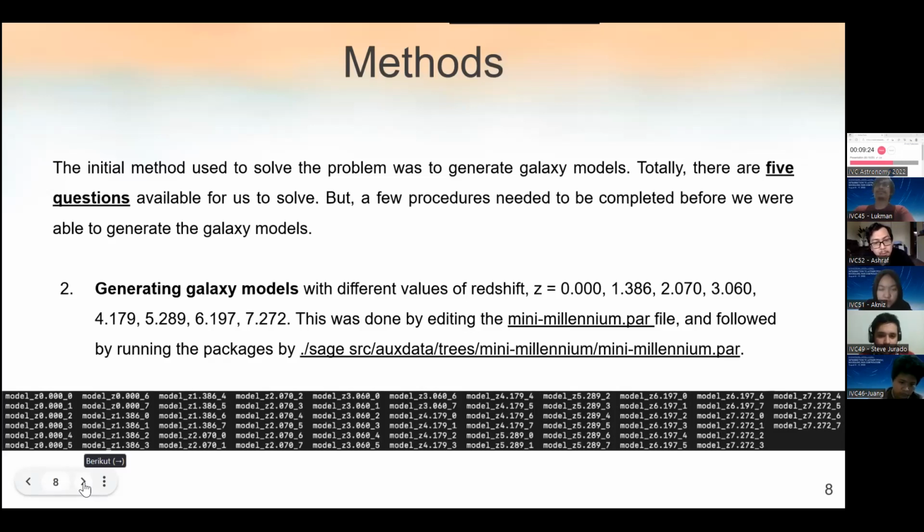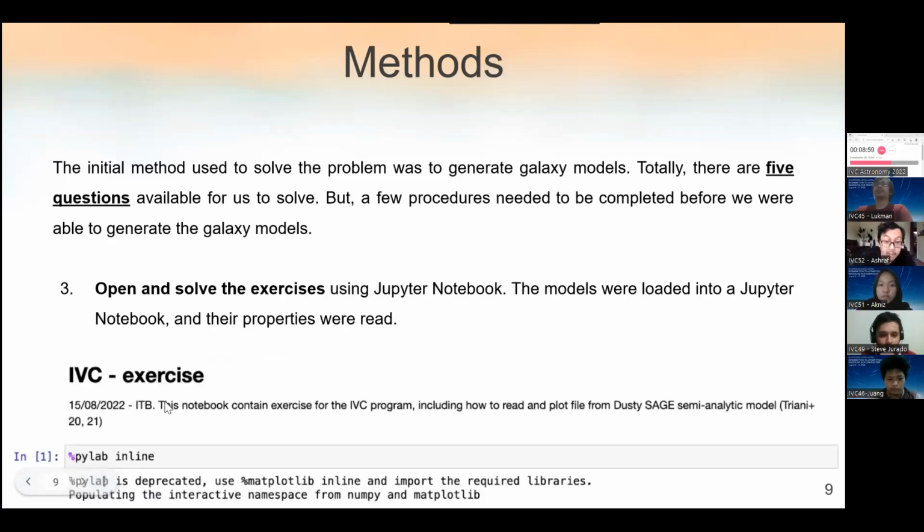Each of these galaxy output models generated contains a lot of information or parameters, which include, for example, baryon fraction, black hole mass and its growth rate, and also information about the gas. All this information can be used subsequently in the exercises. Next.